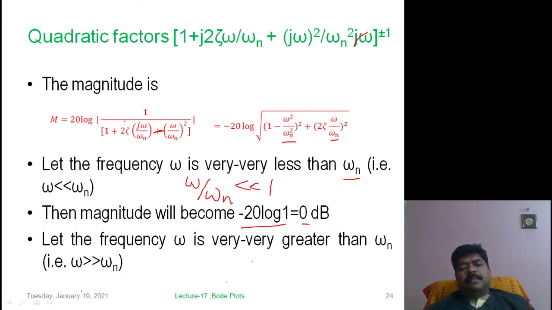While if the frequency is considered to be very high, meaning omega by omega n is very much greater than 1, then in 1 minus omega square by omega n square, the 1 can be neglected, and since this will be to the power 4, and zeta is less than 1, compared to omega square by omega n square this other factor can be neglected.